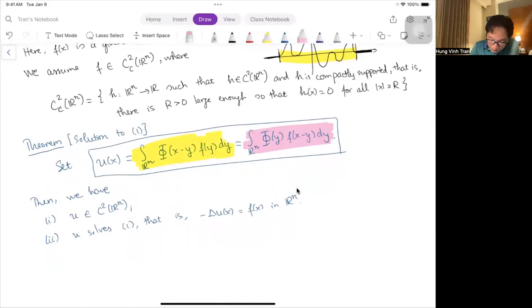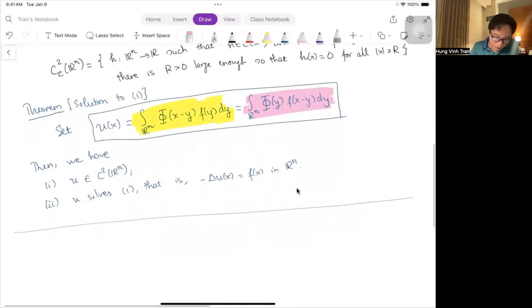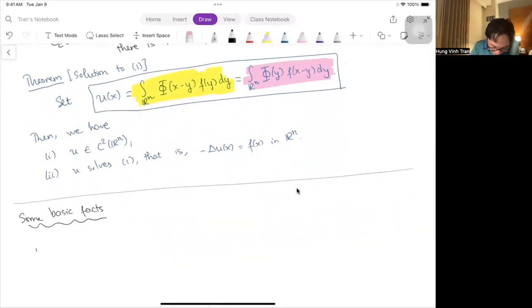Okay. But before proving that, maybe we need to do some quick preparations. So let's say some basic facts in order to prepare to prove our result. The first thing is exactly, we need to address that sort of compactly supported function, right?